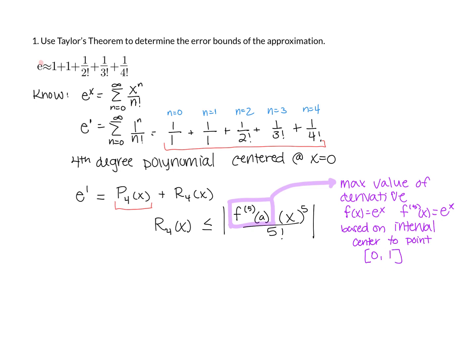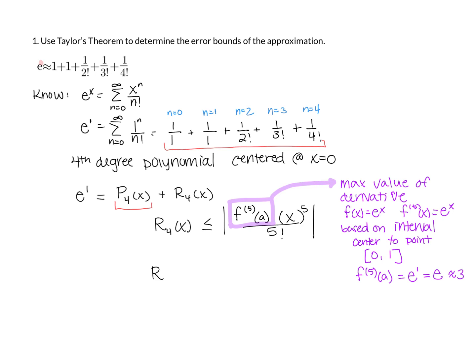And we know then that this f sub 5 of a happens when we have e to the 1st power, because that would be the highest number. Now, e to the 1st is just e. So we could certainly use e if you wanted, or something just bigger than e, something that's reasonable. We could even use 3 if you wanted. So this max derivative would be 3.